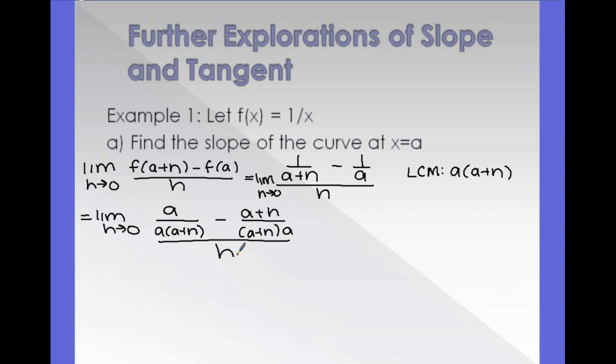So by having an LCM, we can group the numerators together. So we have the limit as h approaches 0 of a minus, now that negative has to distribute to both the a and the h, because it's really like minus quantity a plus h. So a negative is going to distribute into both.